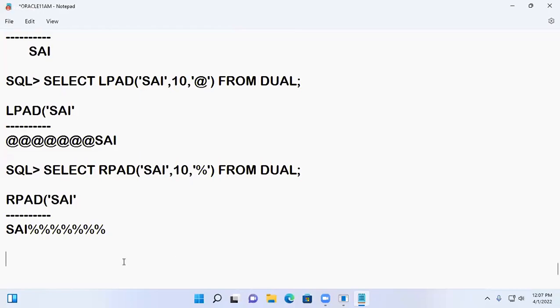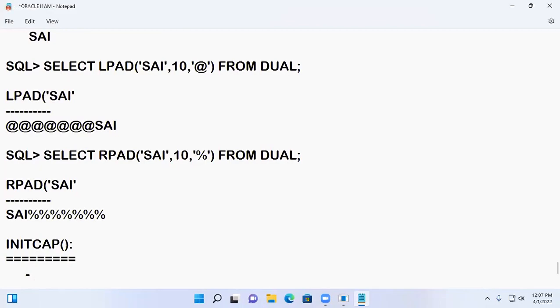Okay. The next one. Init cap. The next function, init cap. So what is this function's purpose?